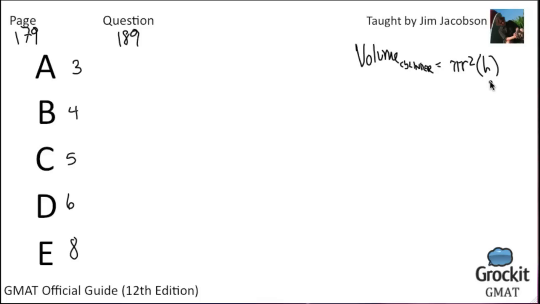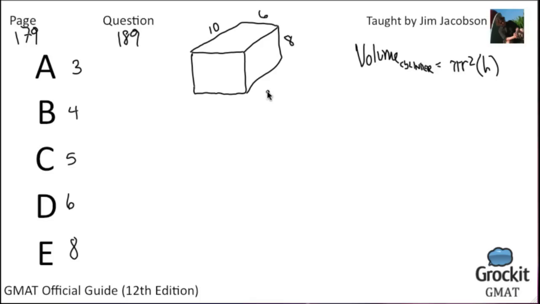You find the area of the one face and then just multiply that times the distance that goes back. So we have a box. I shall draw it. It's not as important for this particular question, but visuals are still helpful. We'll call that 10, we'll call this 6, and we'll call that 8. 10 by 6 by 8.